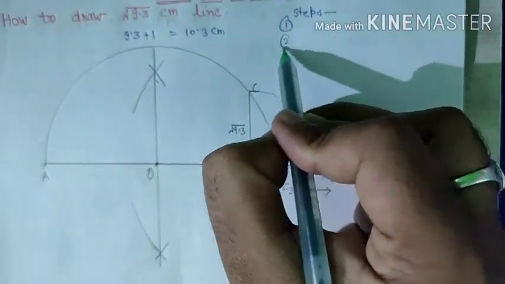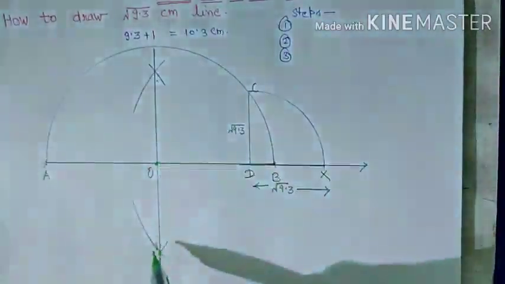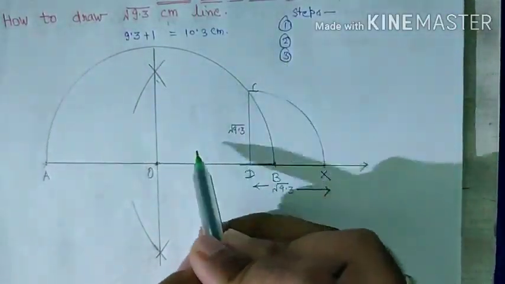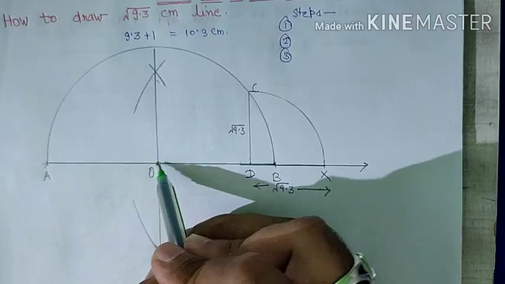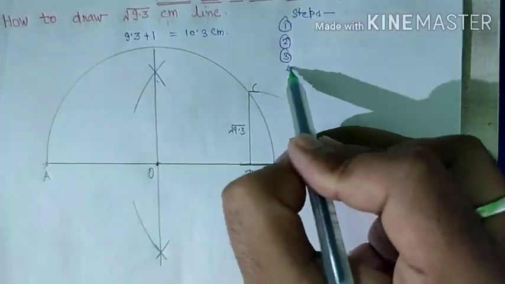Step 2, you found the bisector of this line AB. Third, from point O, taking O as center and OA as radius, you made a semicircle.